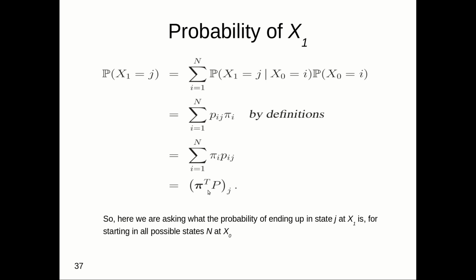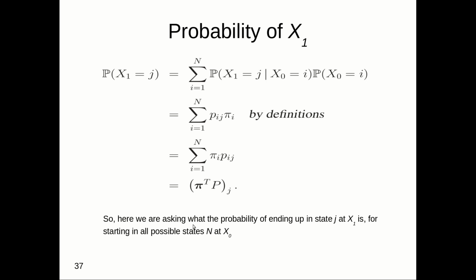So this is the transposed vector p. Typically people are not very rigid about writing this transposed sign here. For the sake of this lecture, I think I've always consistently used that. But in any case, the probability of being in state j at time 1 is just the transposed prior probability vector p multiplied with the transition matrix P for j.